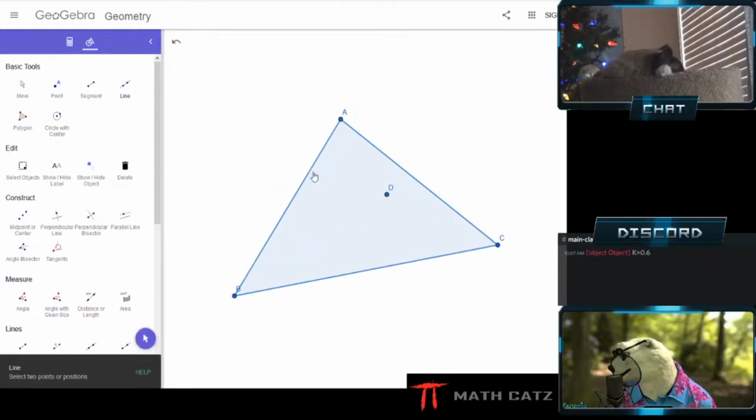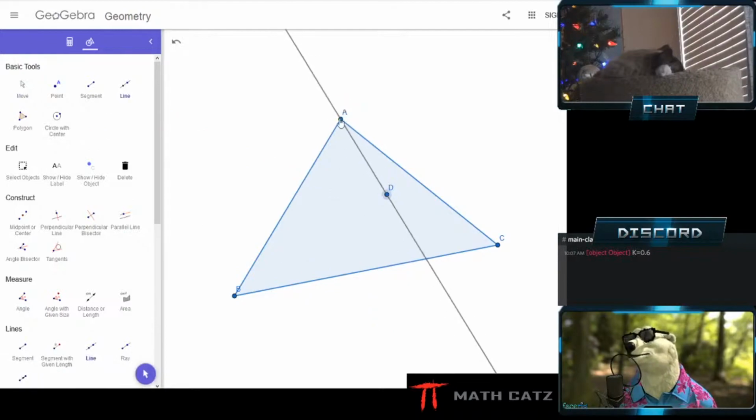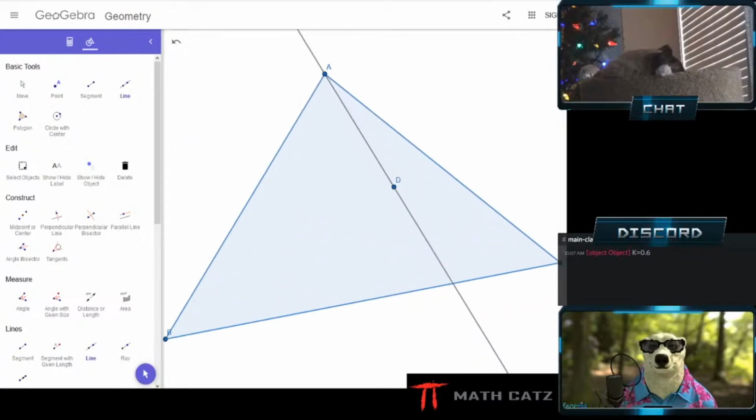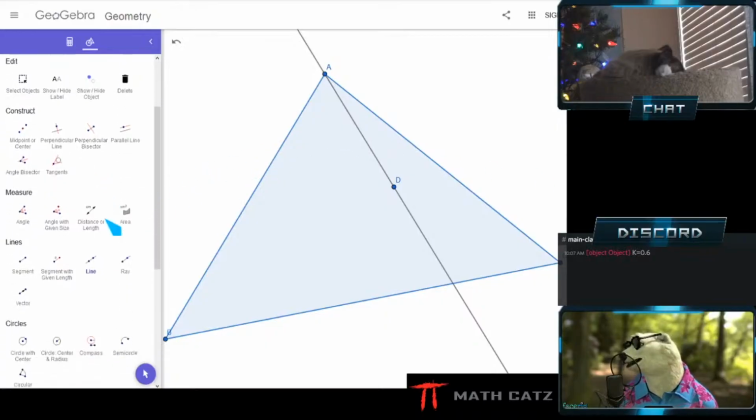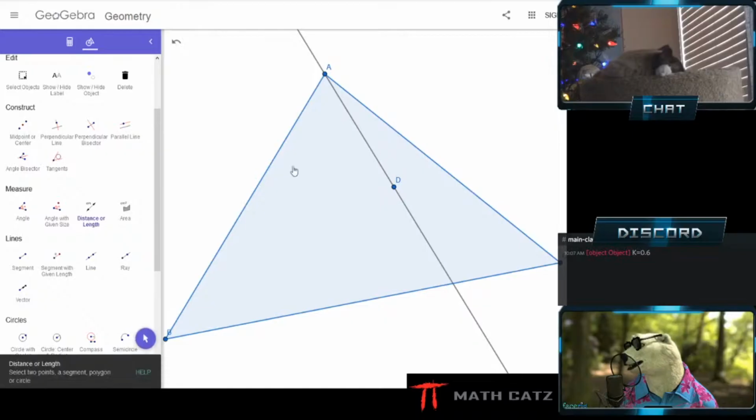I'm going to pick a vertex. Let's pick A. I'm going to go from my center D through A. I'm going from the center through to one of my vertices. I'm going to have to measure the distance or length of this line segment DA.